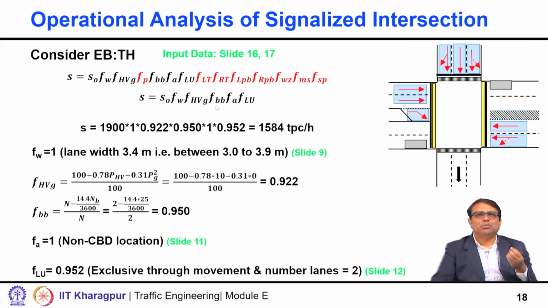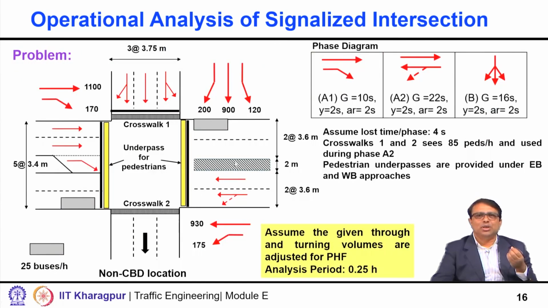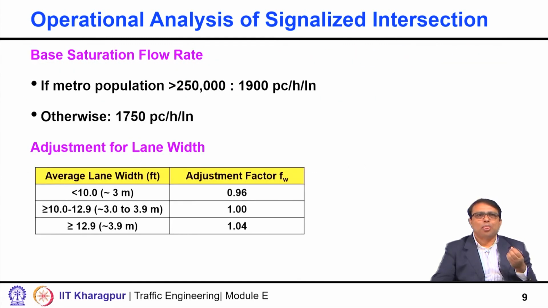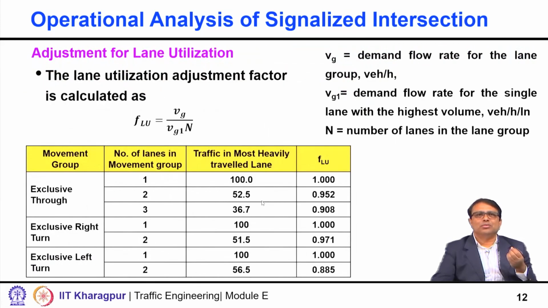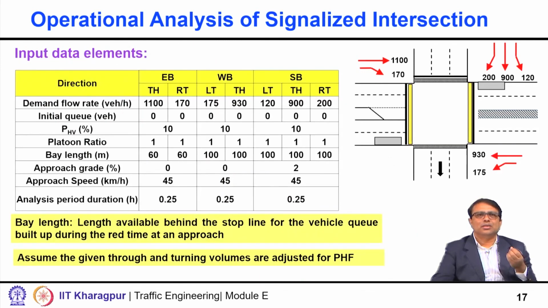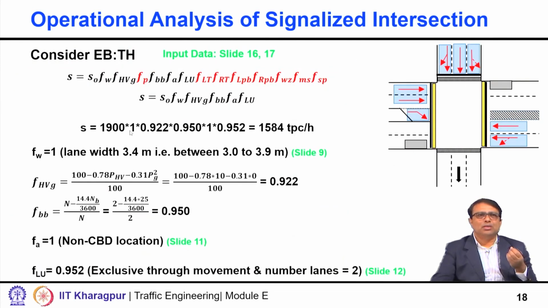Now, FW is 1. What is FW? Because we have lane width 3.4 meter, and as per the table, if you go to slide 9, we have mentioned that if it is 3 to 3.9, then the adjustment factor is 1. So, we take it as 1.